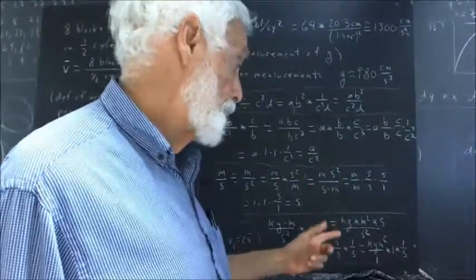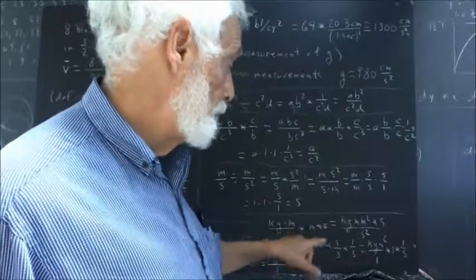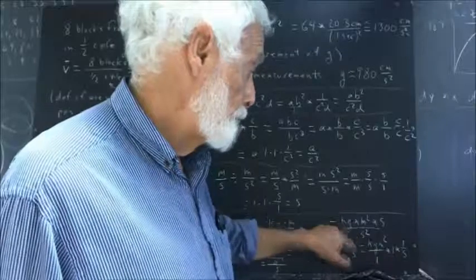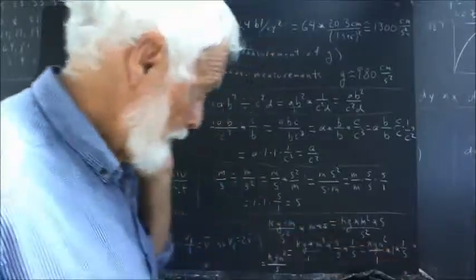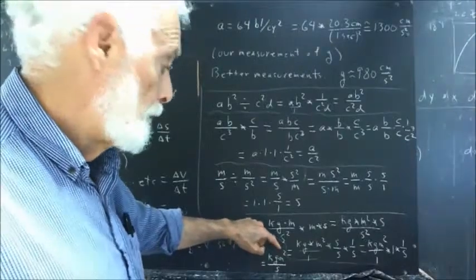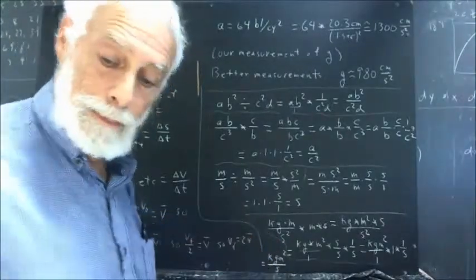Seconds over seconds, of course, is 1. So we have kilogram meter squared here, 1 here, and reciprocal seconds here. We multiply that out. We have kilograms times meters squared over seconds.